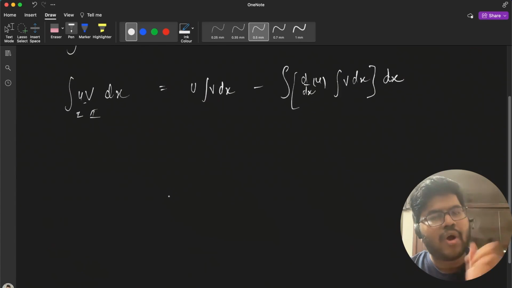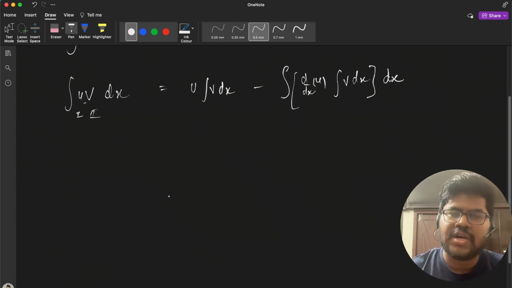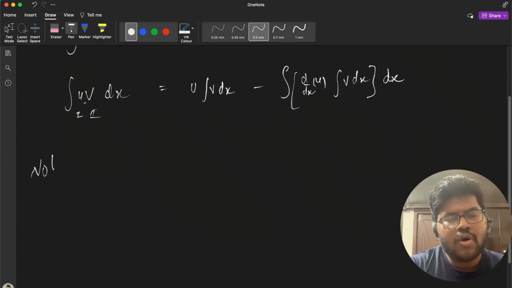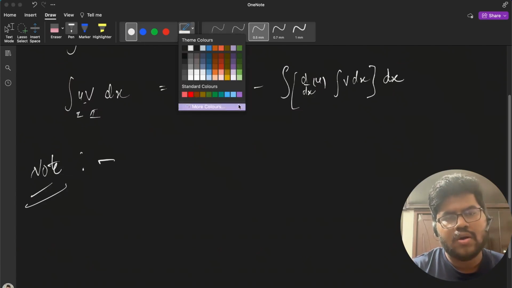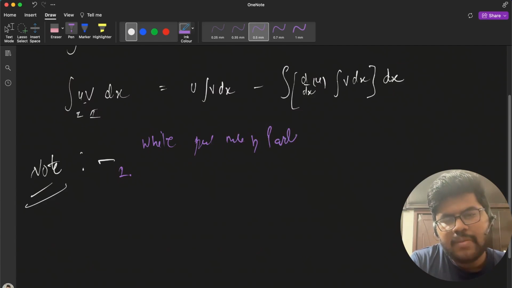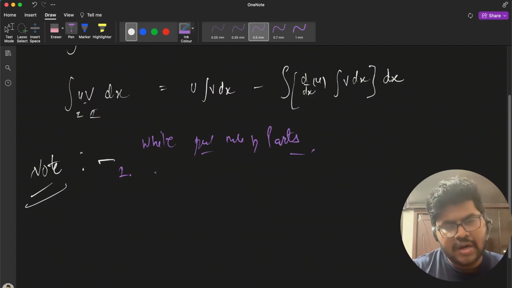There are some points which must be kept in mind before proceeding further. If we take the UV rule, then these conditions need to be followed or checked. So, a note: while performing integration by parts, keep in mind that the integration of v dx should be simple.